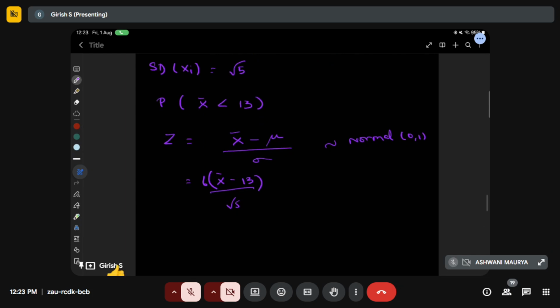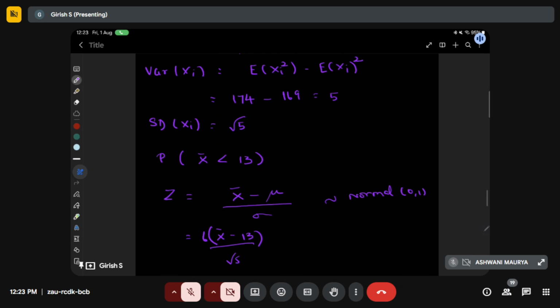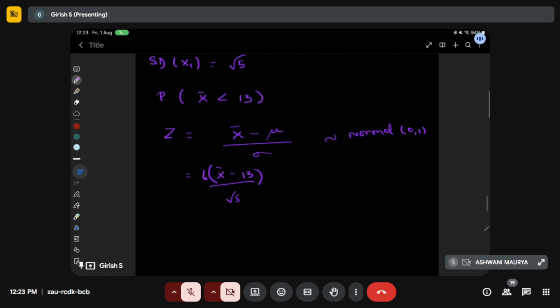Is it fine, or shall I explain it again? Yeah, okay. So Z is equal to X bar minus mu divided by sigma, where X bar is the average of 36. This is a normal distribution, and mu is 13 here. Let me take this statement again.